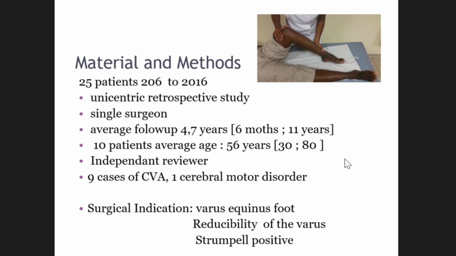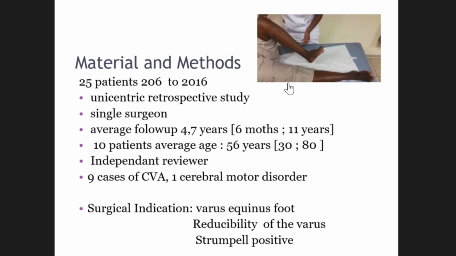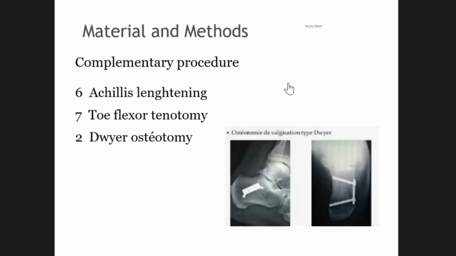We presented our preliminary results at the French Society 2 years ago. I have operated on 25 patients, but we have only reviewed 10 patients. The indication was a varus equinus foot with a reducible varus, and the best case was with a positive Strümpell maneuver, as you can see on the slide.